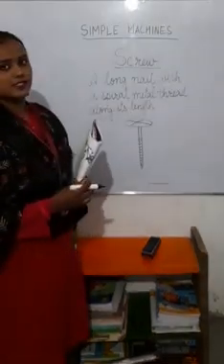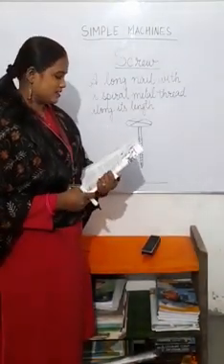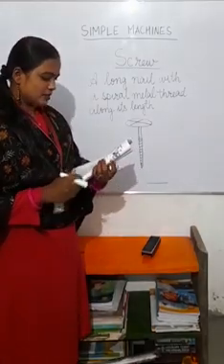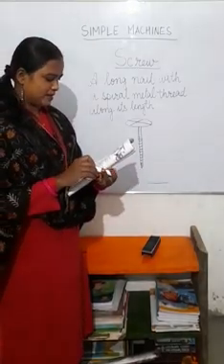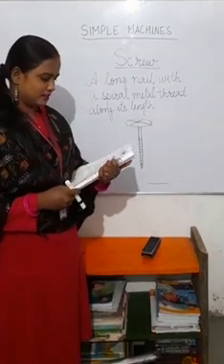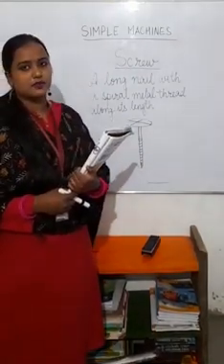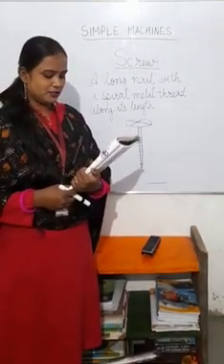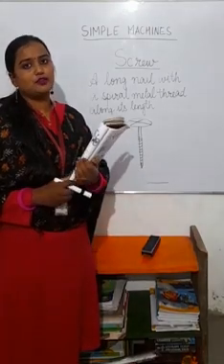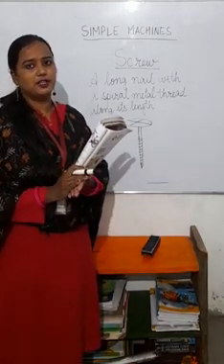Now we will discuss this screw in detail. A screw is a long nail with a spiral metal thread along its length. And what are the different uses of a screw? It is used to join two pieces of wood firmly.